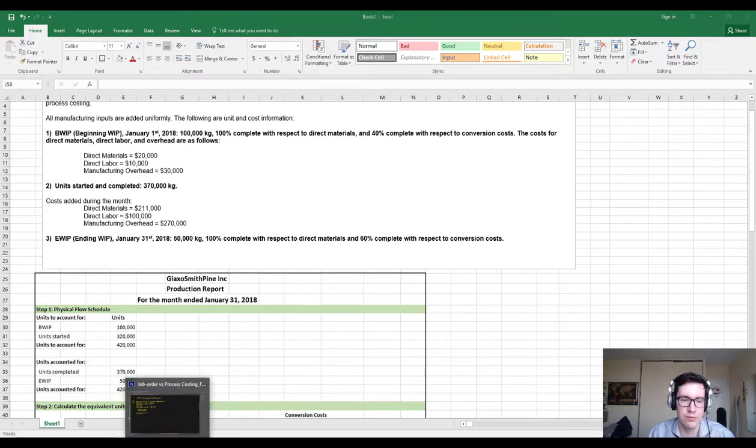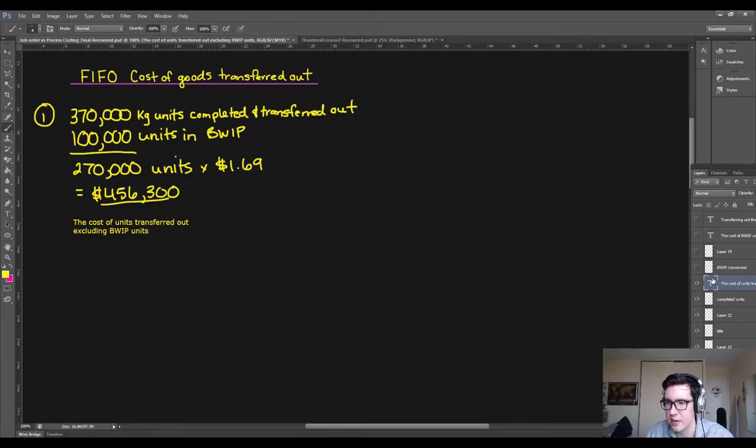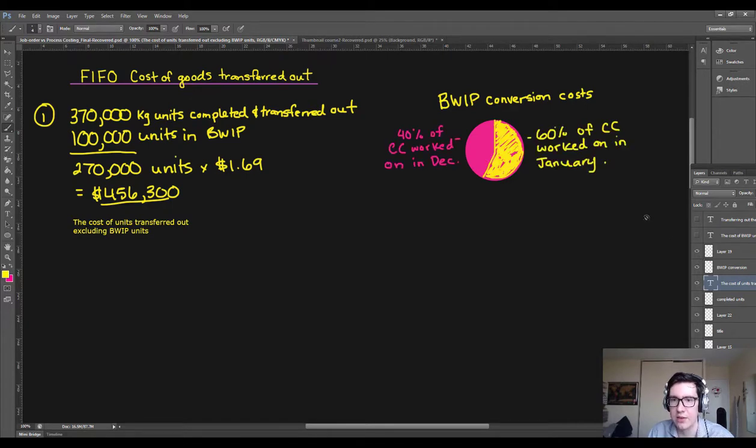So we need to find 60% of that cost. So we're going to have our BWIP conversion costs, and this magenta circle is going to represent 100% of the conversion costs in our BWIP account, and 40% of the conversion costs worked on are in December, while 60% of the conversion costs worked on it were in January.